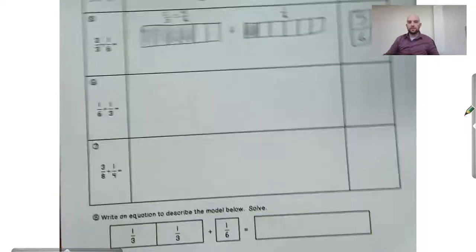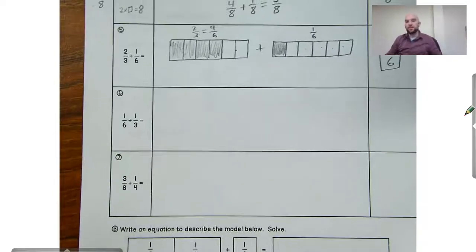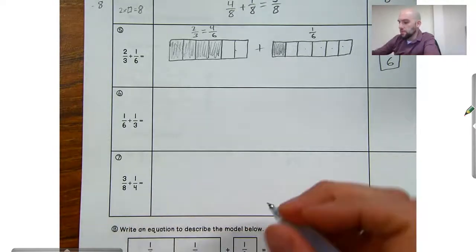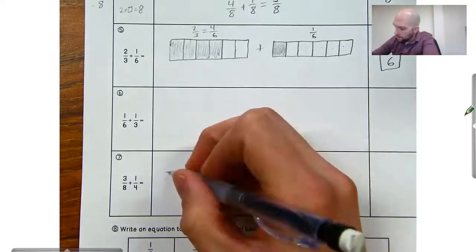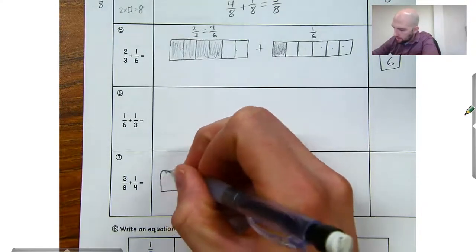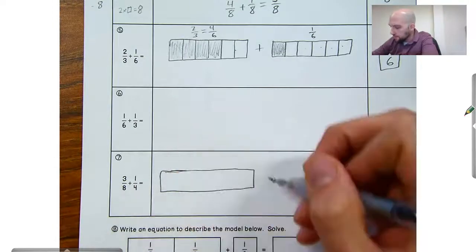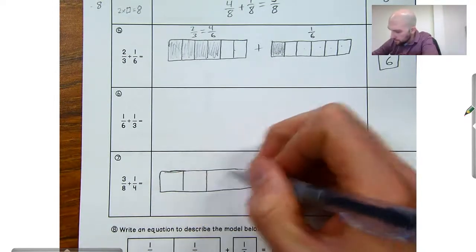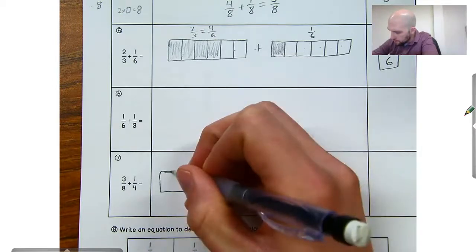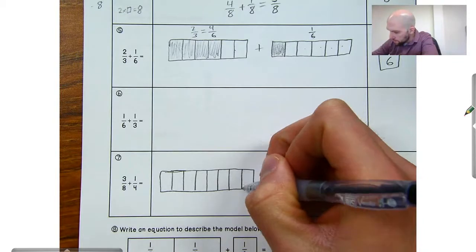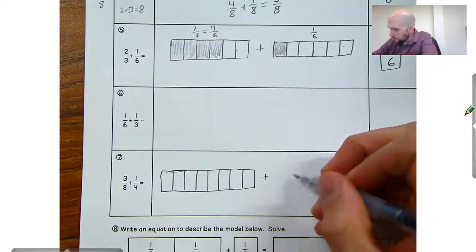I'm going to skip number 6 and move right on to number 7. Number 7 says 3/8 plus 1/4 equals, and I'm going to draw my models here. I have 8ths here, and I have 4ths here.